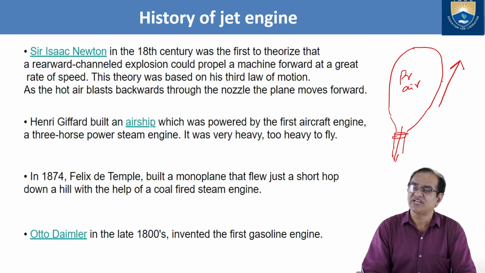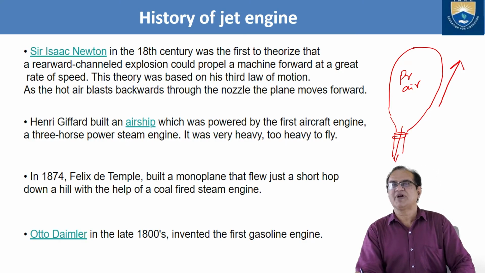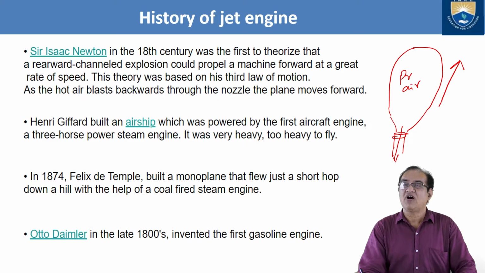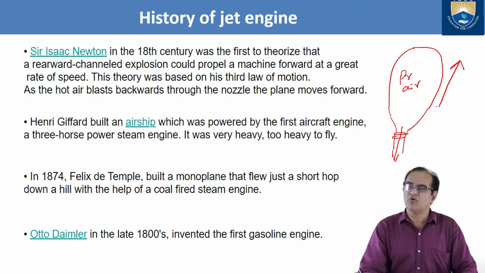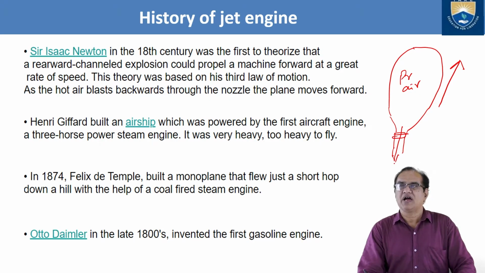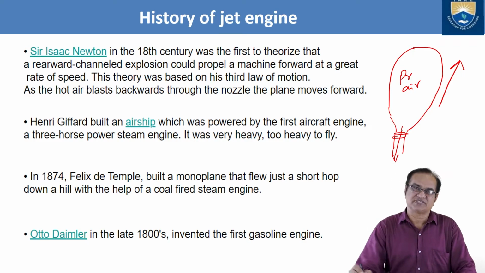So this is the action and the reaction, and this was demonstrated by Sir Isaac Newton on his principle, that is the third law of motion, the action and the reaction. He was able to explain how this can move if we put an exit, and after this exit the direction of the motion of this body will be opposite to this. So this is called action and the reaction.